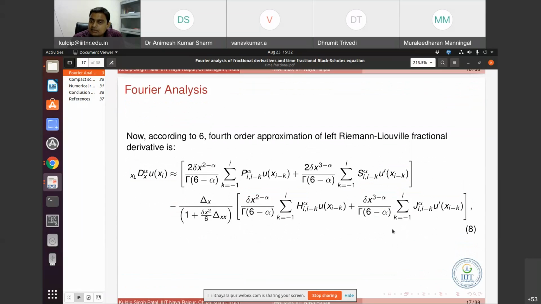Why this is coming in two parts, you can very easily correlate, because there I have split the second derivative in two parts. But one should get a strong motivation for why we are doing it. Let me tell you very clearly here, it is the first method which can solve variable coefficient convection diffusion fractional equations with a compact scheme.